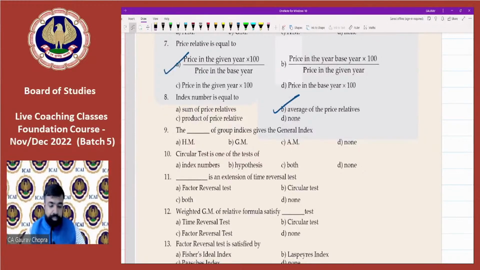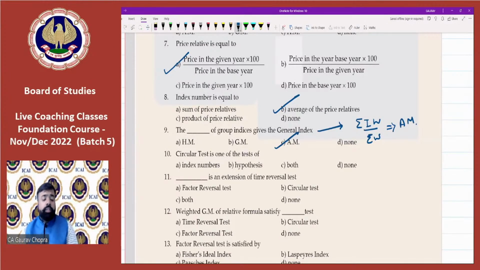Then dash of group index gives general index number. For general index number we have the formula sigma IW upon sigma W, which is basically arithmetic mean. So we use arithmetic mean for group index number.